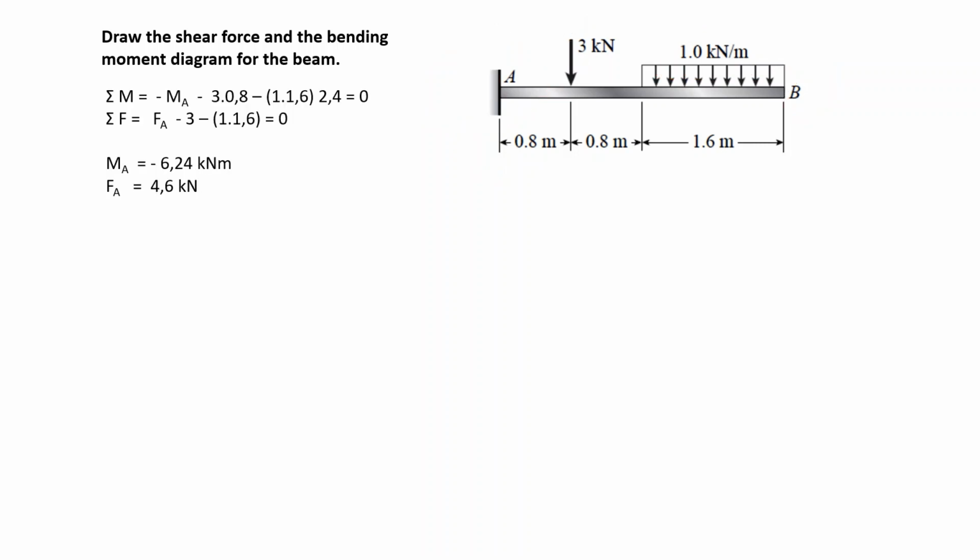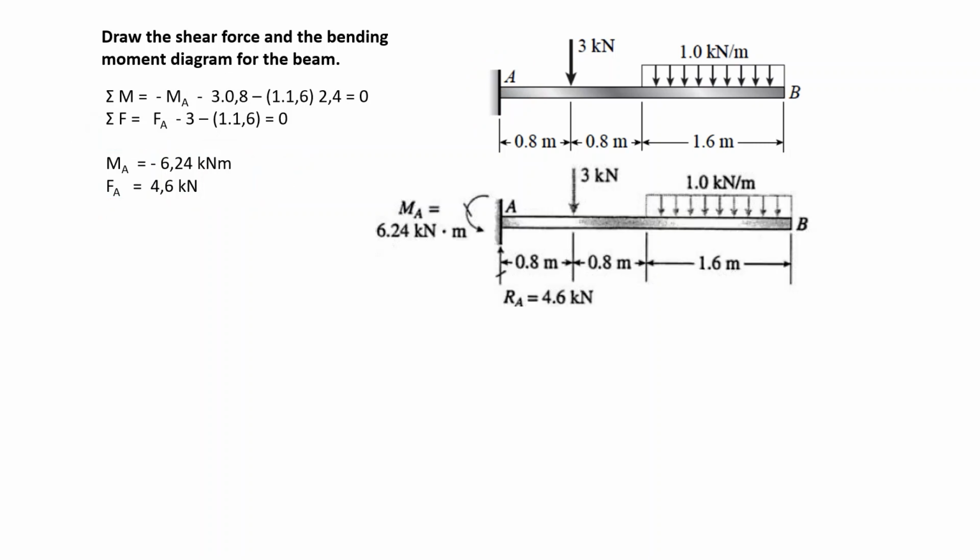So all you have to do is to take a moment around A and to take a sigma Fy, and with the help of these equations, you can find that M and F values in point A are 6.24 and 4.6. And now let's draw the diagram.